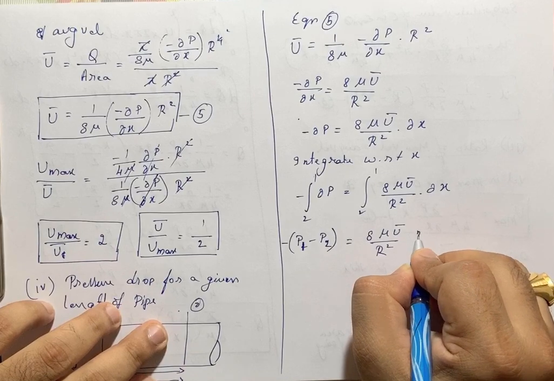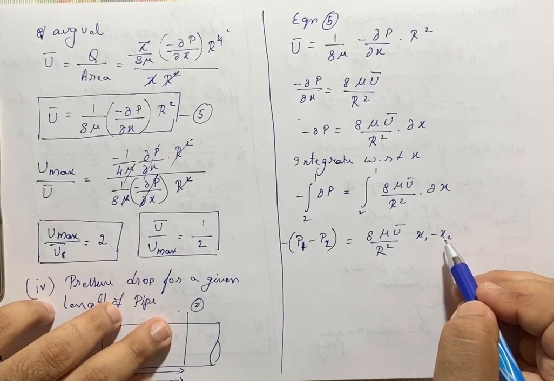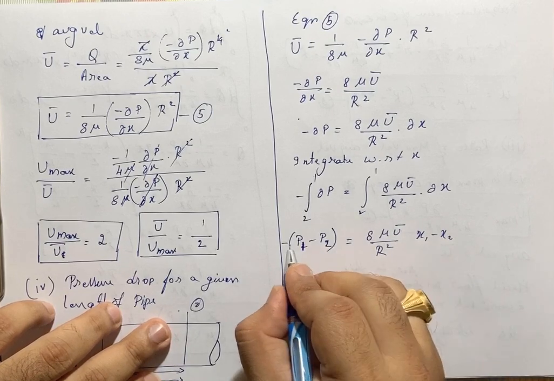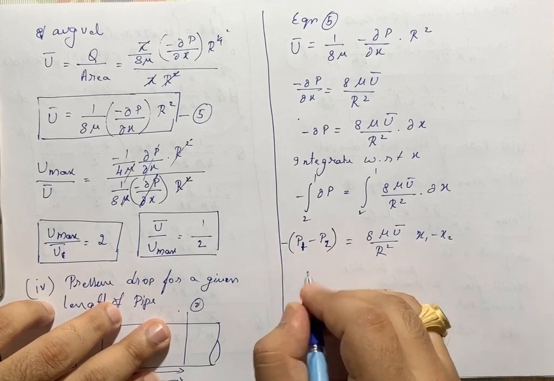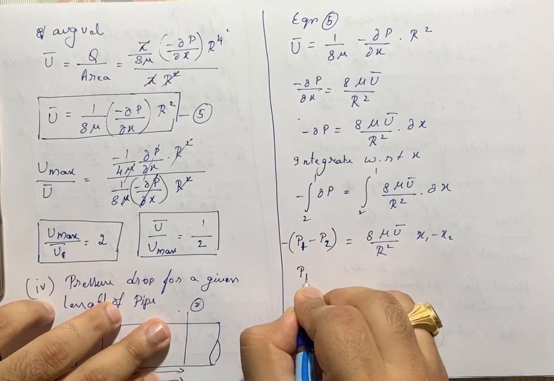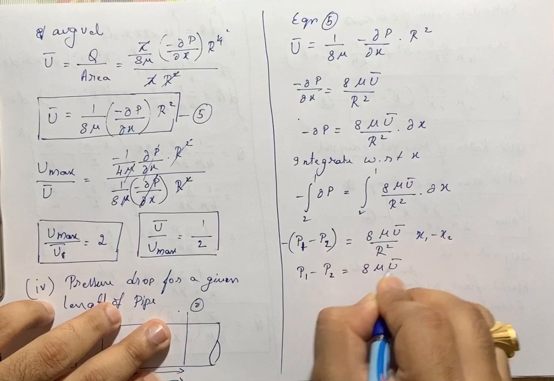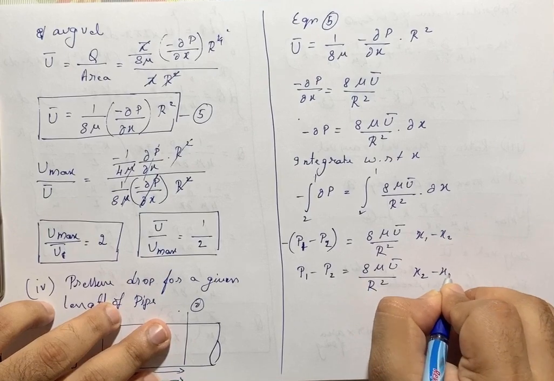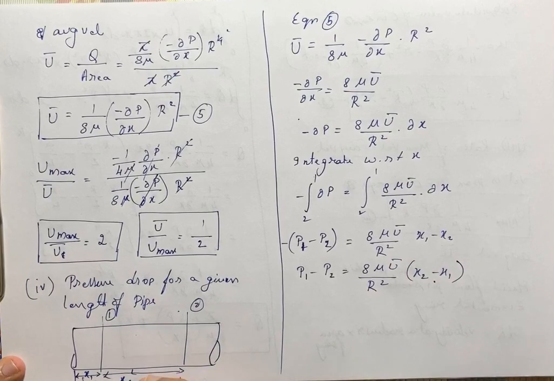This becomes x2 minus x1, upper limit minus lower limit, right. Now I can write minus of p2 minus p1, taking out the negative sign in the opposite direction, so p1 minus p2 is equal to 8 mu u bar divided by r square into x2 minus x1. What is x2 minus x1? It is nothing but capital L here, right.